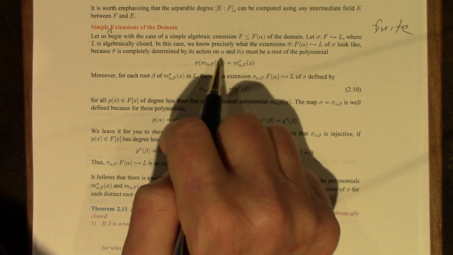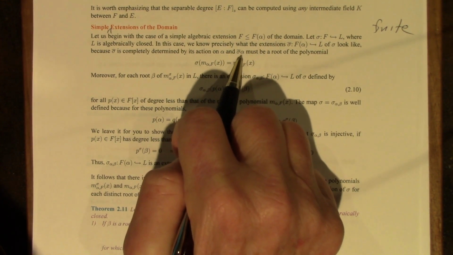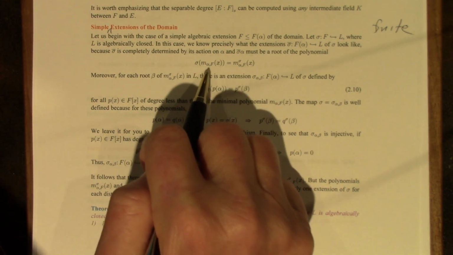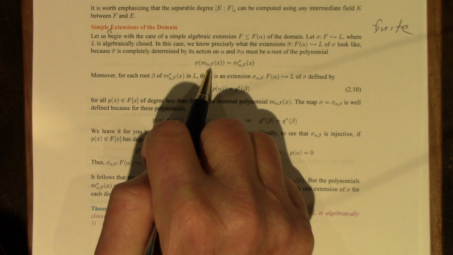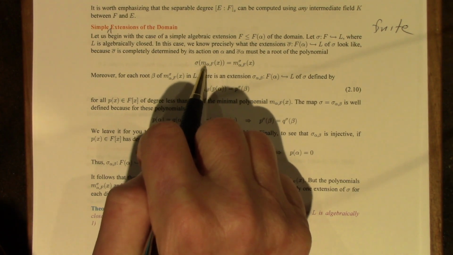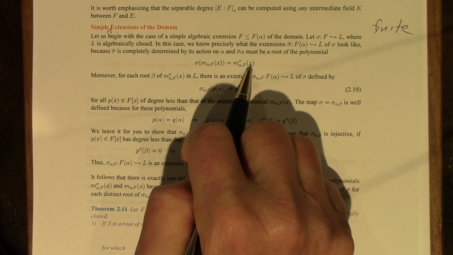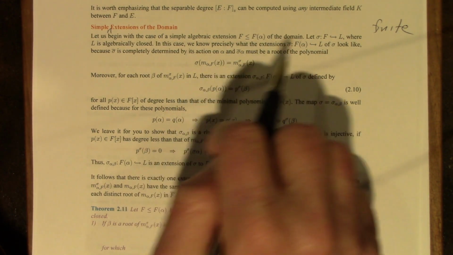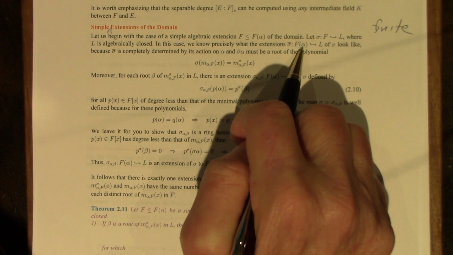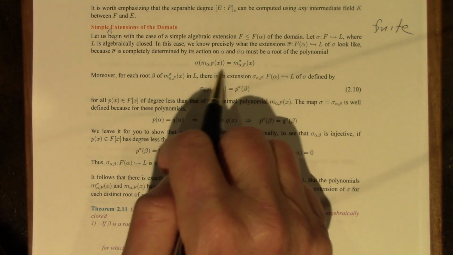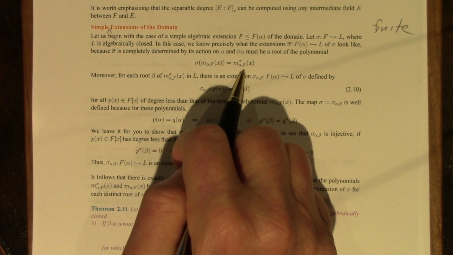Moreover, sigma bar of alpha has to be a root of the image of the minimal polynomial of alpha. Roots have to go to roots. And alpha, being algebraic, has a minimal polynomial. It's a root of that minimal polynomial, so sigma has to send alpha to a root of the image of the minimal polynomial.